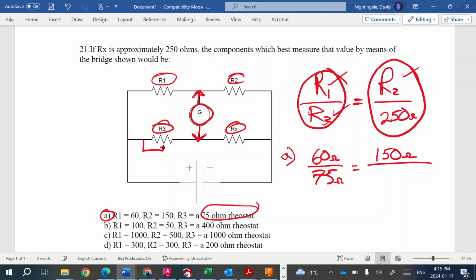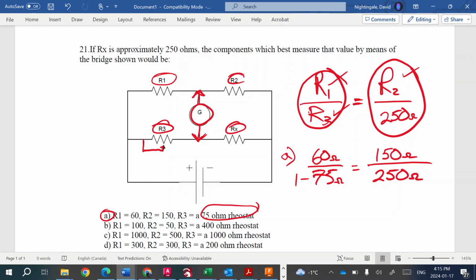Okay, so a 75 ohm rheostat means that at the max setting, you're going to see 75 ohms. At the lowest setting, you're going to see essentially 1 ohm. So we're going to put it 1 to 75 ohms. So really, it would be 0 to 75, but again, for simplicity's sake, we'll say 1. And we know that Rx is 250. Okay.